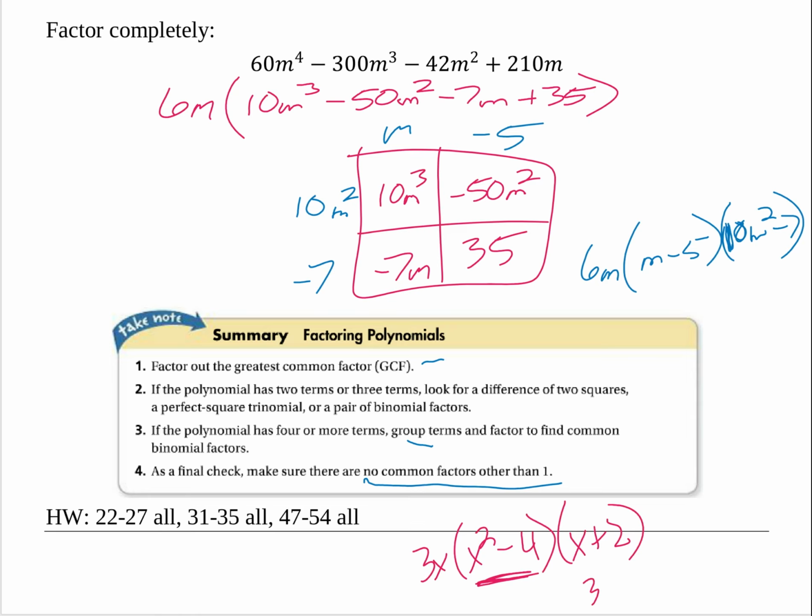So you'd have 3x, the difference of squares factors into conjugates, and then the x plus 2 is still hanging out. One's a plus, one's a minus, and then we have x and 2 and x and 2. Now that's the answer, okay? There's several problems in this homework assignment where that happens, like 4 or 5 times, that you've got to watch for a difference of squares, okay? Other than that, that's the section.